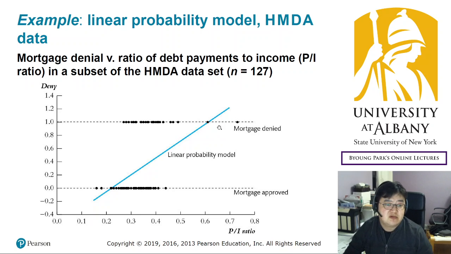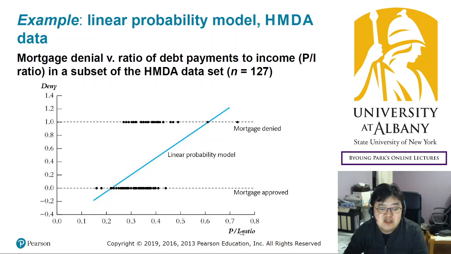So here is an example. Say you observe the PI ratio, the payment and income ratio. So among your income, how much you have to pay each month. For example, if I earn $1,000 every month, but I have to pay, say, $500 as a mortgage payment, then my PI ratio would be 0.5.